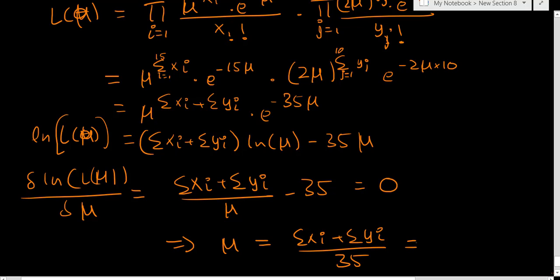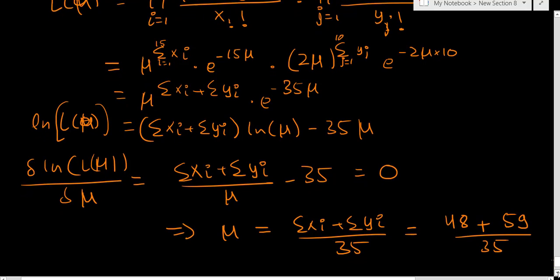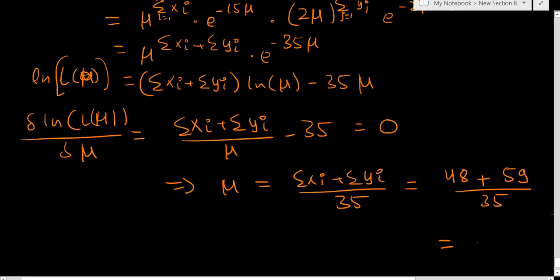And we know that x has led to 48 claims, and y has led to how many? Y has led to 59 claims, and this is just 35. So I've got a value for mu here, and the value is 107 divided by 35. Okay, so this is your mu hat.